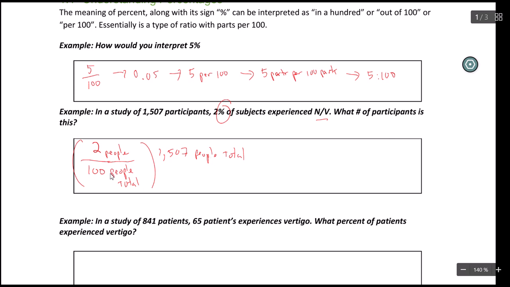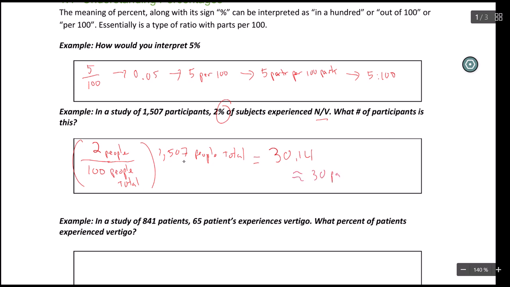So every time you have 100 people in your study, 2 will get nausea and vomiting. So if you've got 1,507 people, this number is going to be 30.14. So this is approximately 30.